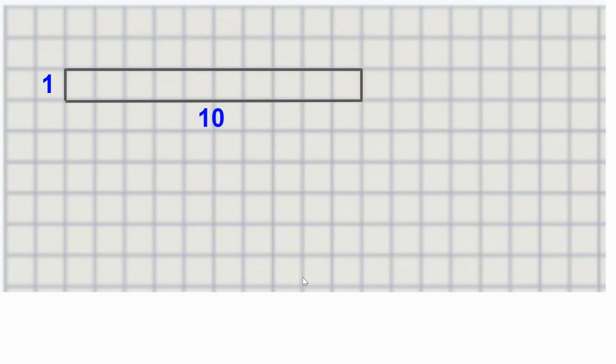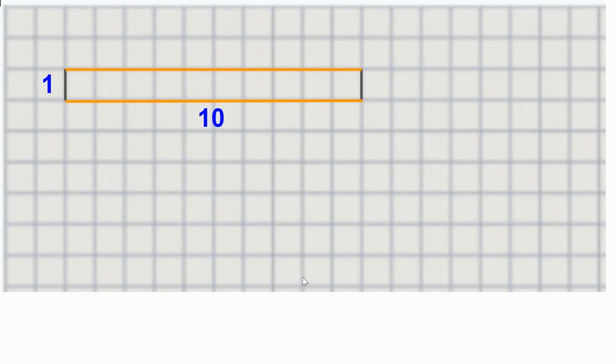And on the graph paper, the first thing you're going to do is draw a rectangle exactly like this, where it has a height of 1 showing there in the red, 1 square high, and then it's going to be 10 on the top and the bottom.